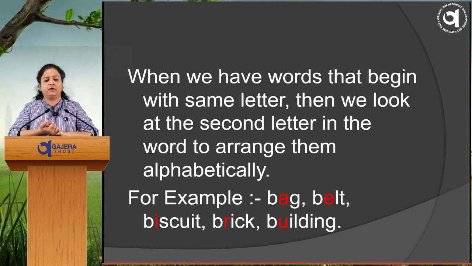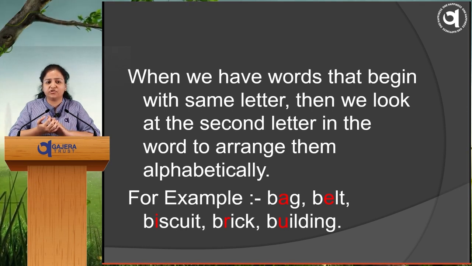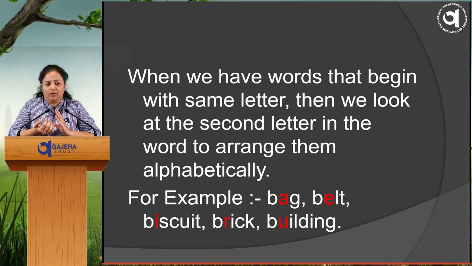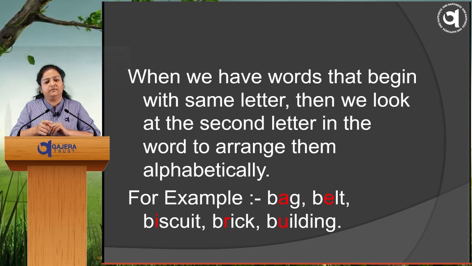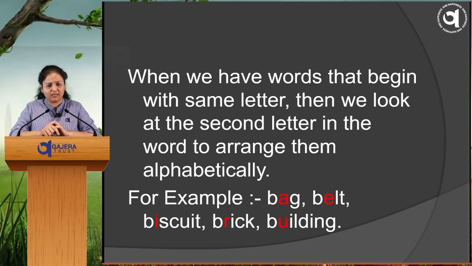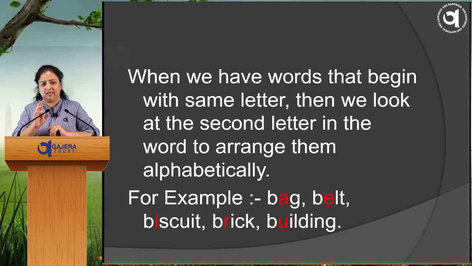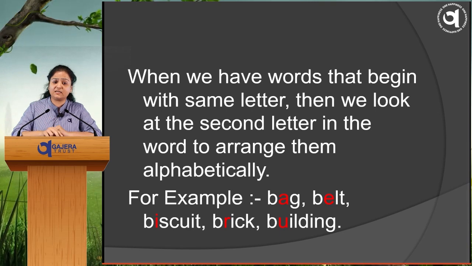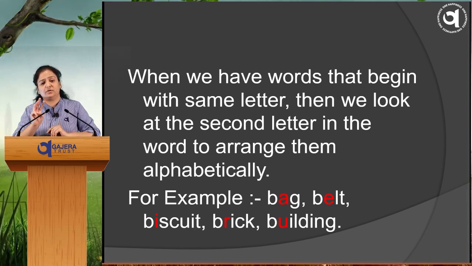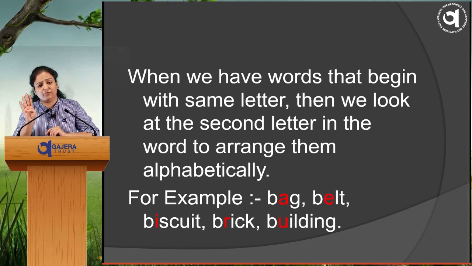We have a solution. We just put our attention on the second letter. If the first letter is the same, we focus on the second letter. If the second letter is the same, we go for the third letter. If the third is also the same, we move on to the fourth.